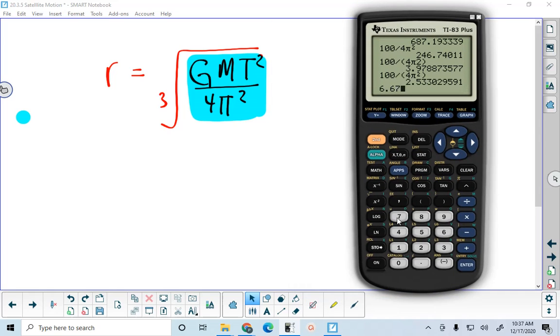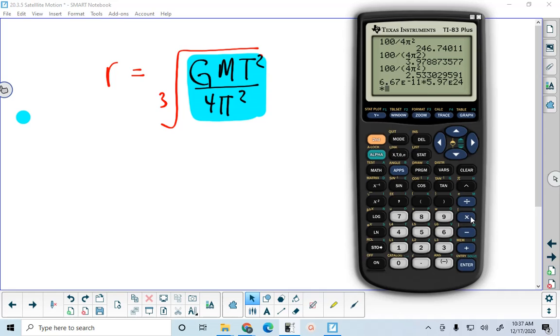We want to take the universal gravitational constant and multiply by the mass of the Earth. Then we want to multiply by the period squared. Well, it's 24 hours, everybody. The period is 24 hours. So if you want to, you can take 24 hours times 60 and figure out what that is.